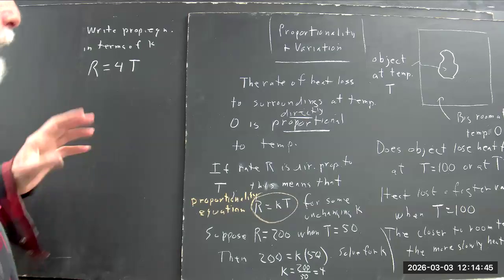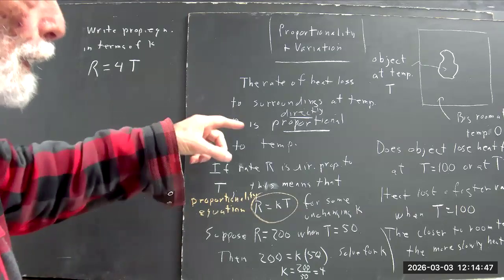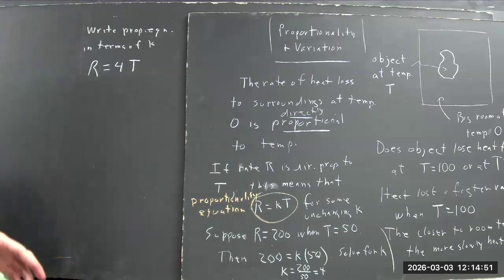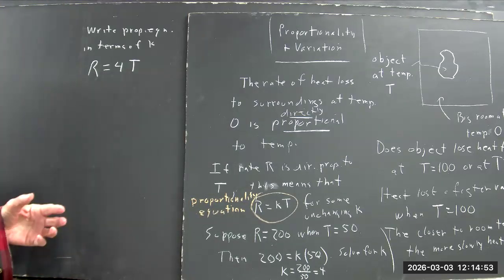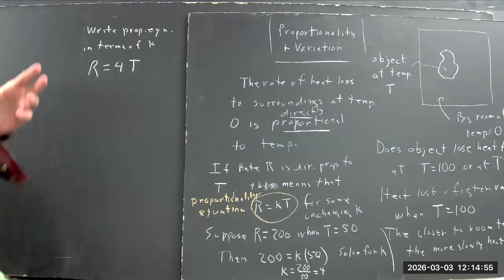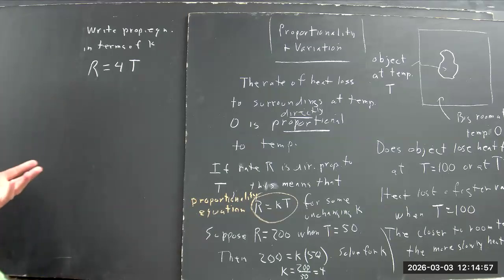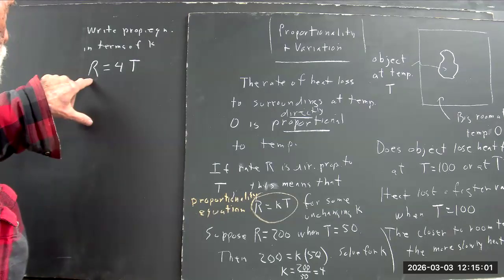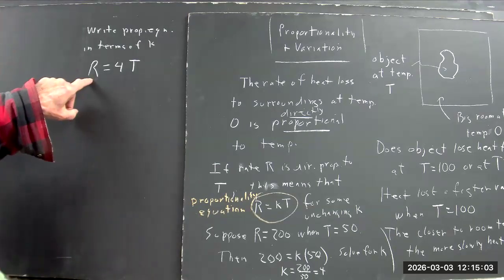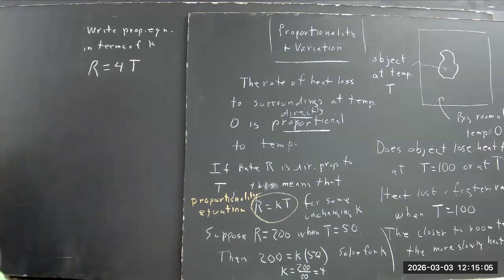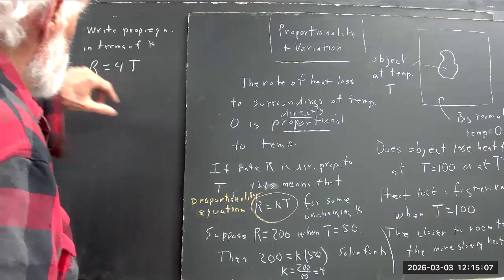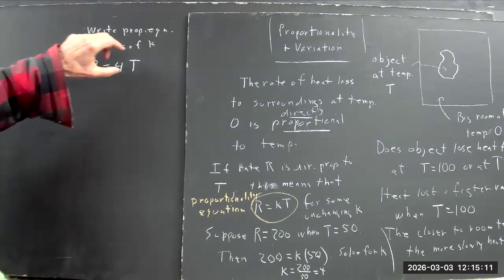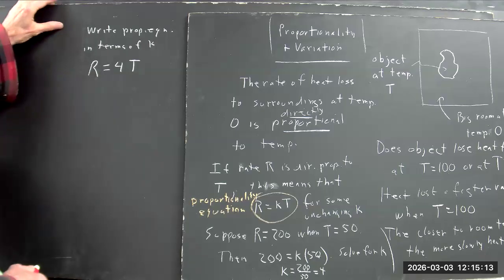The rate at which heat changes is measured in units of energy per unit of time. For example, joules per second, that would be watts. You don't need to know that. I'm just emphasizing that this isn't measured in degrees. This is measured in degrees. They're two different quantities. This tells you how fast you're losing heat. This tells you what the temperature is.